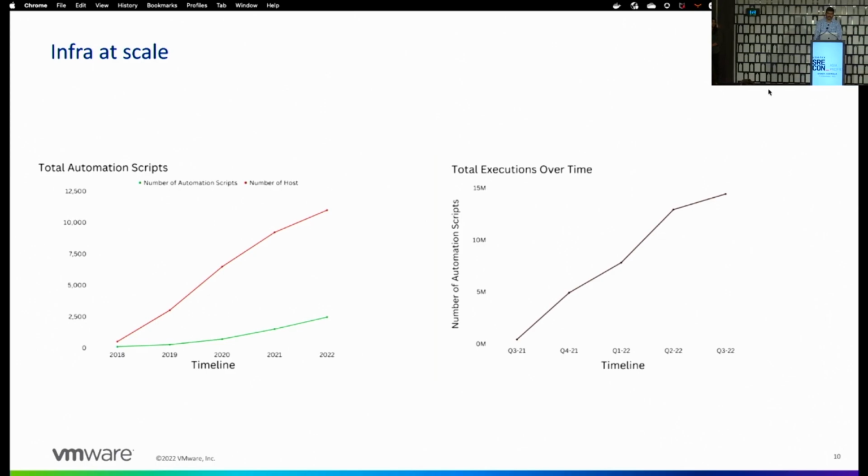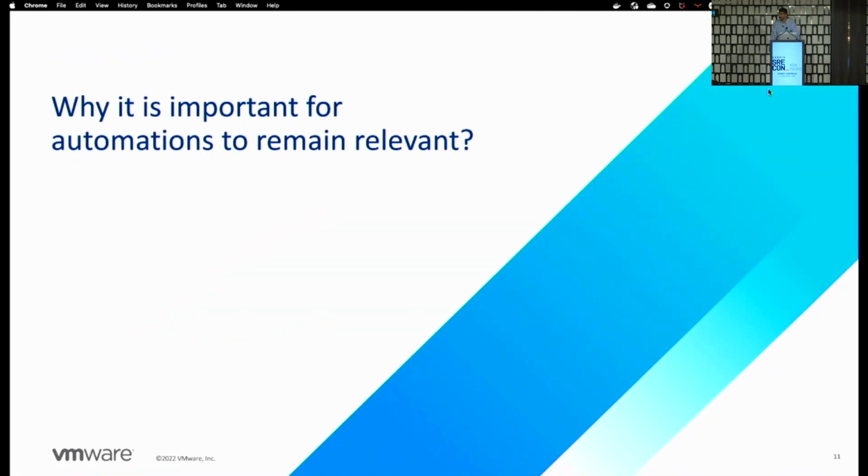We need to address these executions at scale, and also identify automatically the scripts that are irrelevant, ensure they are deprecated if not useful, and notify the respective owners.